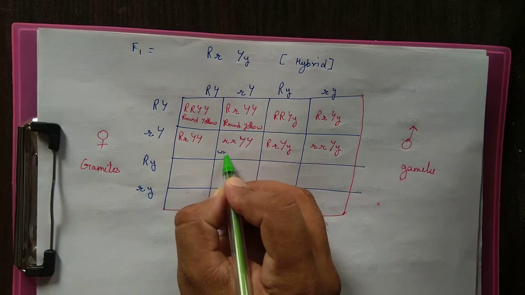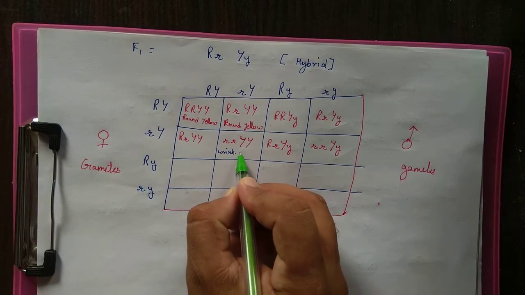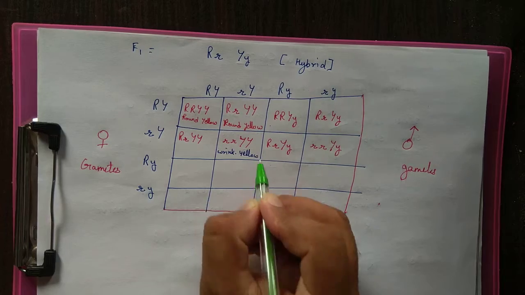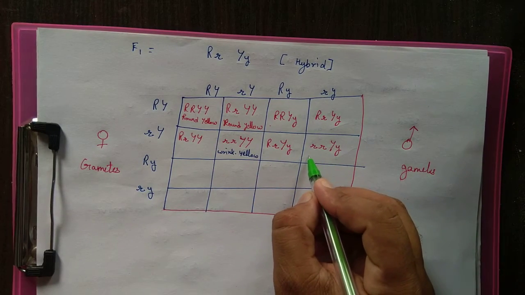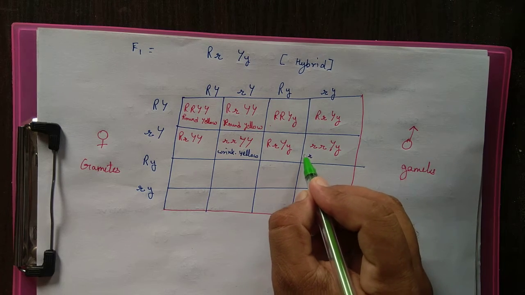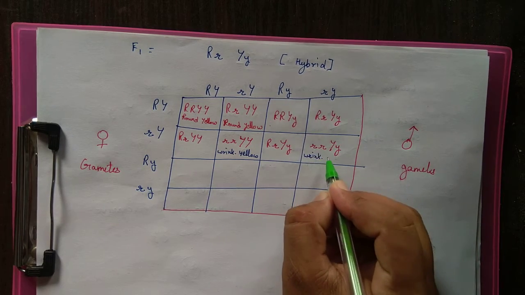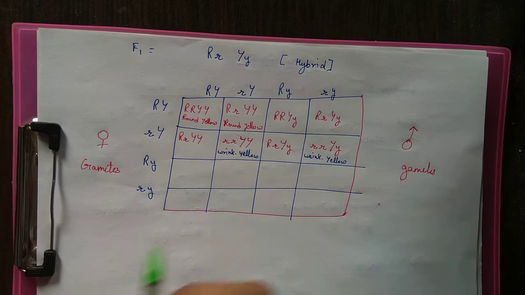Here it is wrinkle and yellow. It is also round and yellow. It's also wrinkle and yellow.